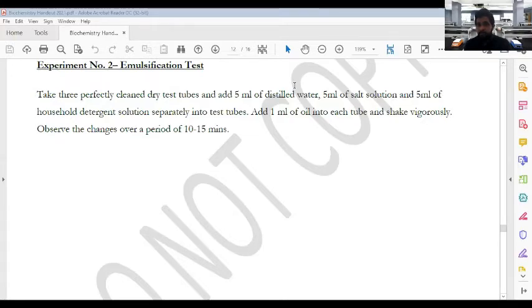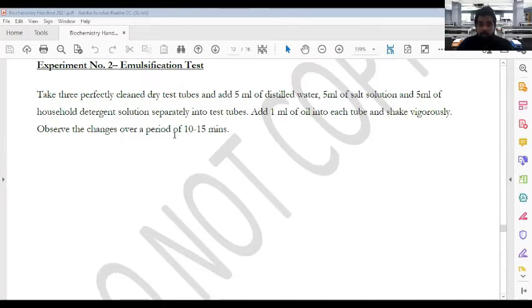In this experiment we're going to test the emulsification properties of lipids. For that, we have to take three perfectly clean, dry test tubes and put 5 milliliters of distilled water, 5 milliliters of salt solution and 5 milliliters of household detergent solution separately into the test tubes. Add 1 milliliter of oil into each test tube and shake vigorously.